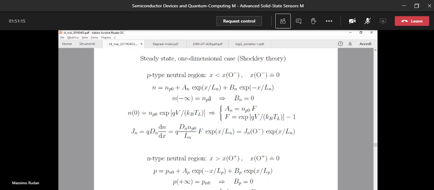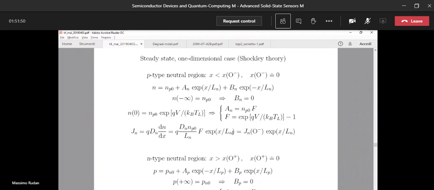Then you impose the boundary condition on the right. Remember, it is n at 0, it is equal to np0 exponential of qV over kT, okay? But you can calculate n at 0 also from the general solution. So n at 0 is np0 plus An, okay? You replace n of 0 here and you find An.